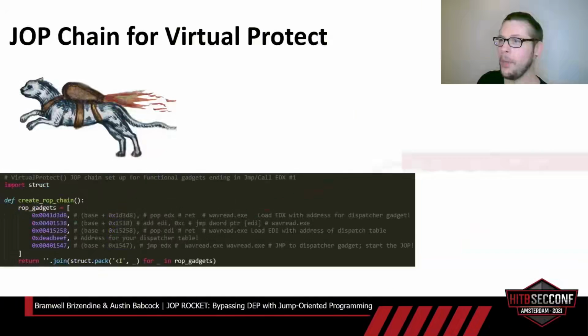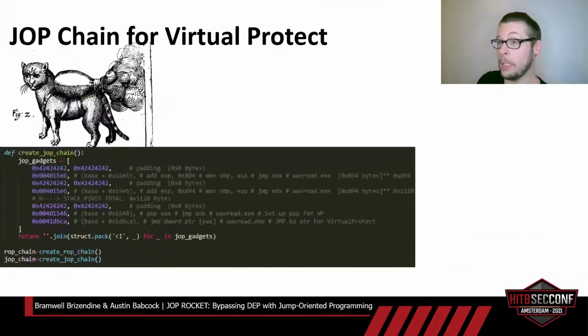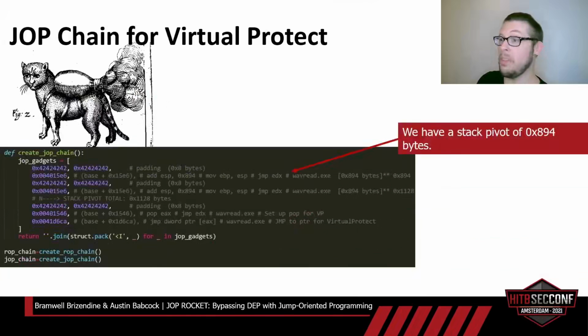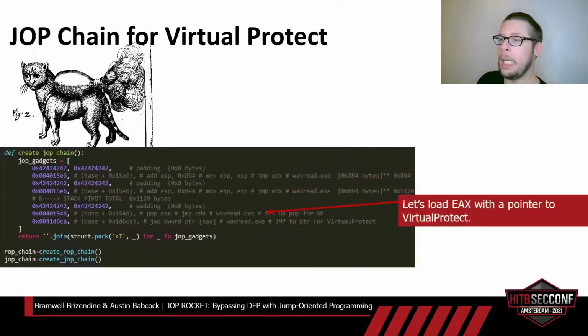We'll kick things off with some ROP. We'll load our dispatcher gadget, load our dispatch table, and then we'll actually start the JOP by jumping to EDX. And then from here, it's just a series of stack pivots, 894. We do it again. And now we're going to load EAX with a pointer to VirtualProtect, and then we're going to dereference that.